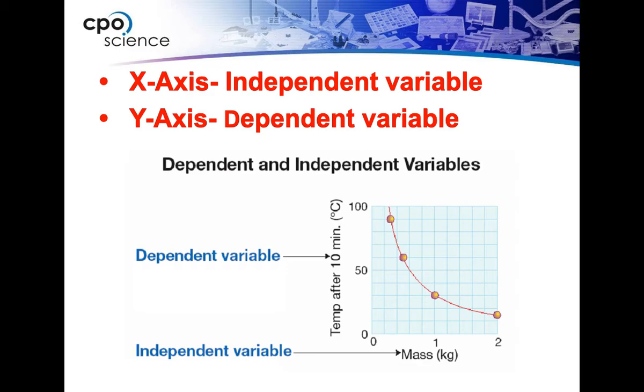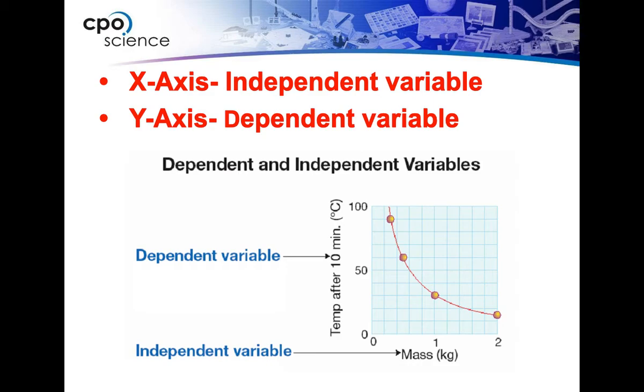On our graphs, we graph our independent and dependent variables. And when we look at a graph, we have two different axes on the graph. The x-axis is the one that's on the bottom, the horizontal line on the bottom there. That would be the independent variable.